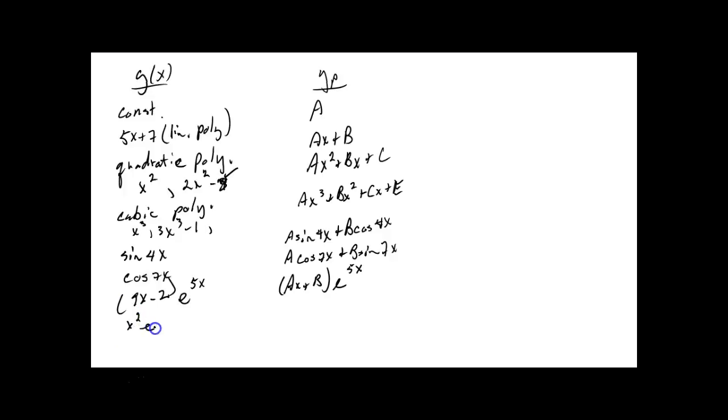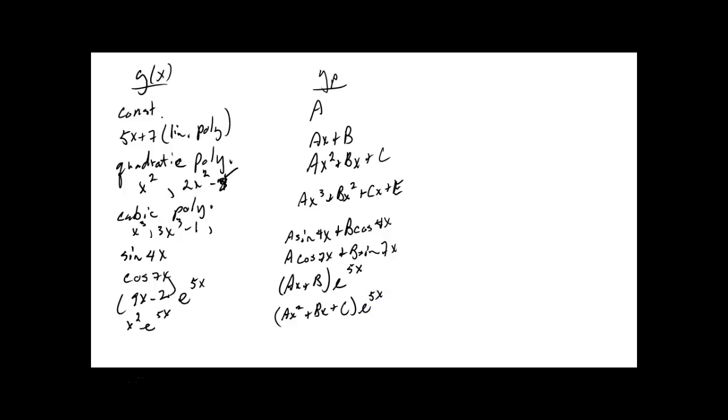X squared e to the 5x. They happened to keep it 5x, it didn't matter. There's nothing special about 5x there. What do you reckon this has to be? ax squared plus bx plus c, e to the 5x. You have to include all the possibilities there.